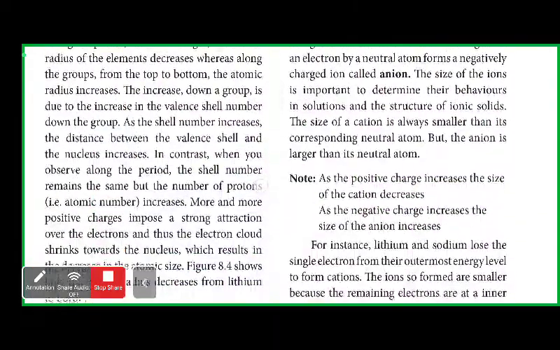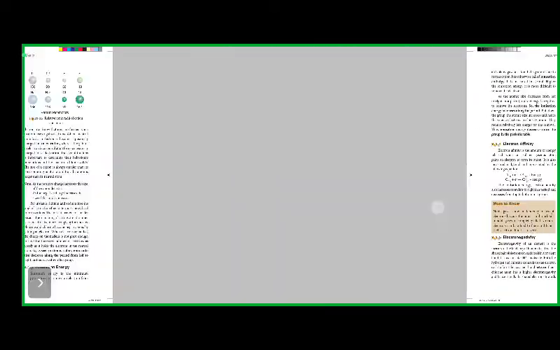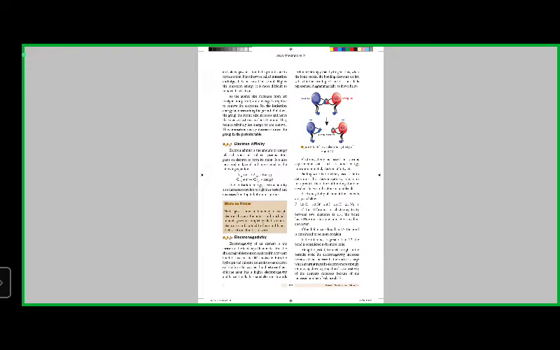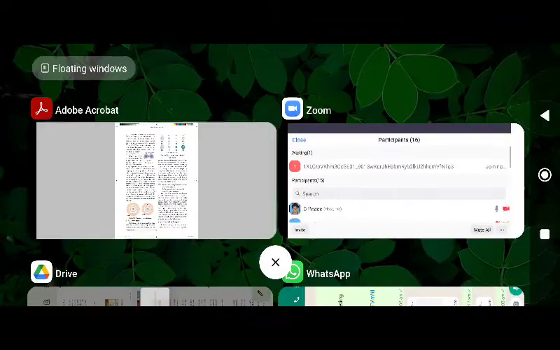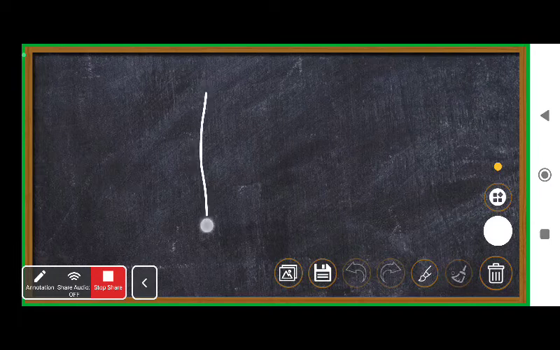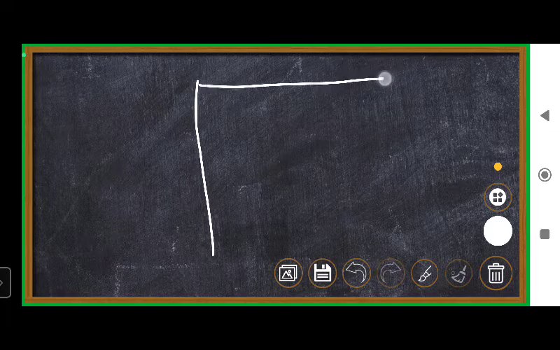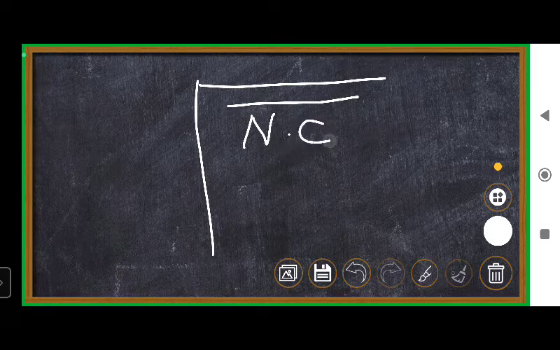Now what happens across the period and the group. This is what I told you yesterday. Down the group, across the period. Across the period, the nuclear charge increases.